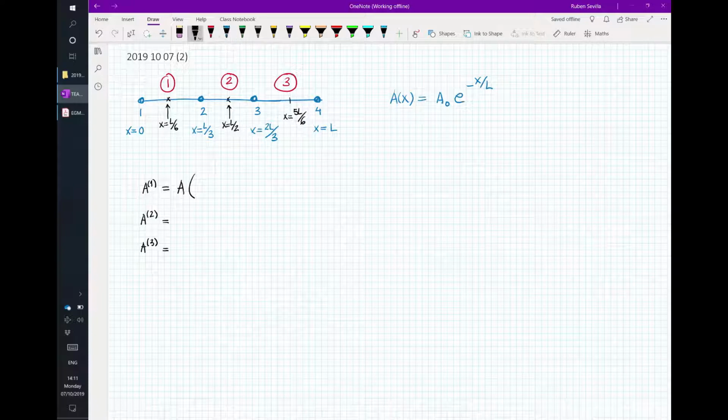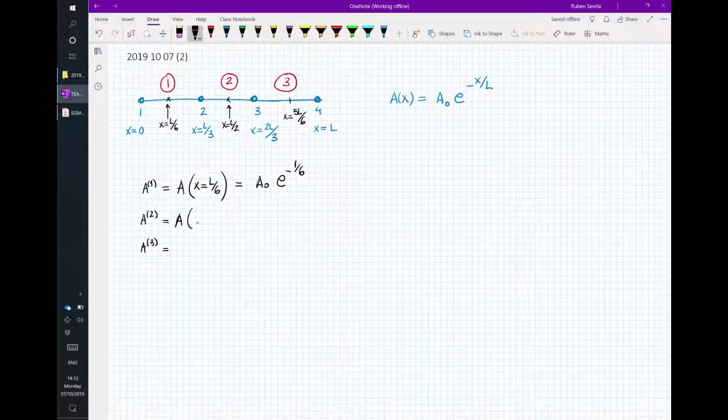So the area at the center of the first element is take this formula and evaluate it at L divided by 6. And that would be A0 exponential of minus 1 divided by 6. Agree? There is not much here, okay?